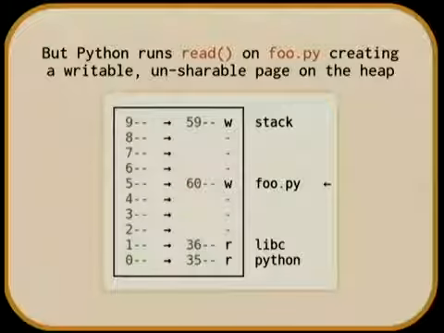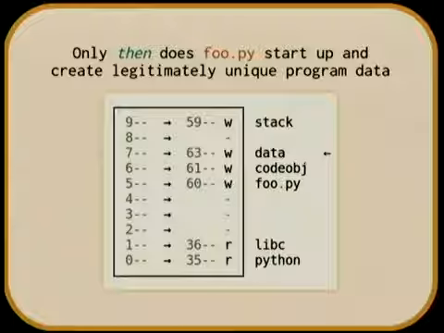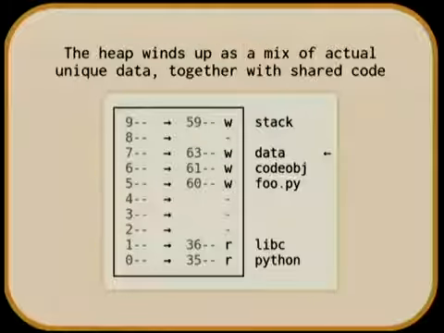But then it runs read on the foo.py file you've asked it to run, creating a writable, unshareable data page on the heap. It will then compile it to what's called a code object, which is another data structure, which is also just a normal unshareable page. And then finally it invokes the code object and the foo.py program starts up, and only that top page, page 7, is actually holding the data peculiar to this run of foo.py.